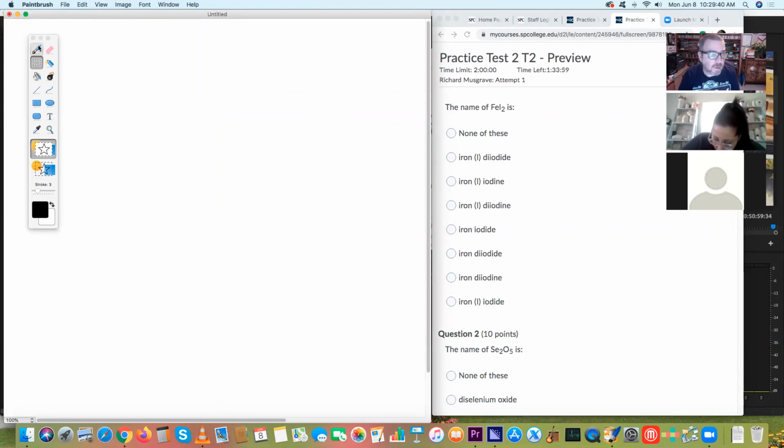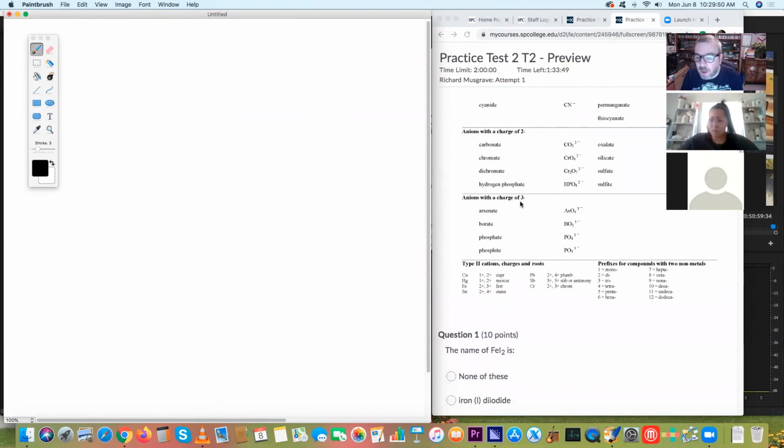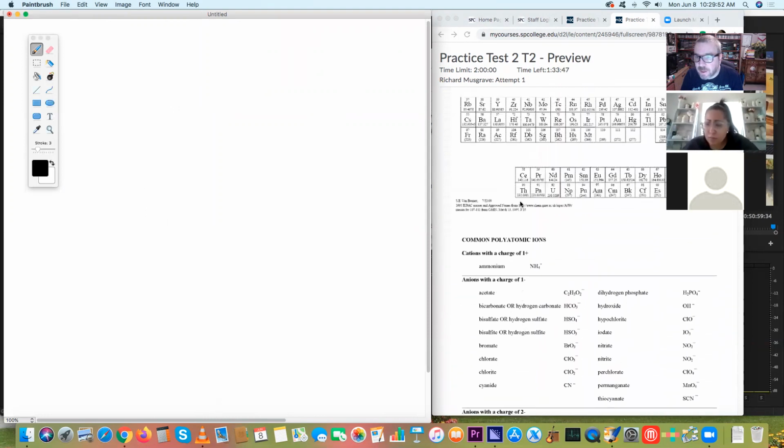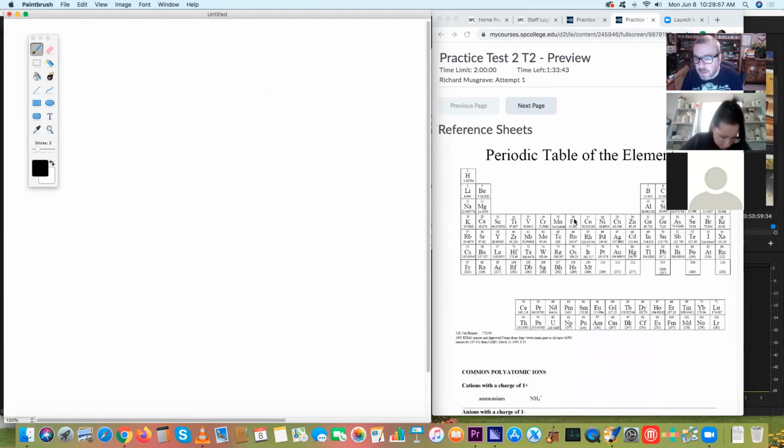Okay. So if you've got FeI2, the first thing you should probably do is look for where iron is on the periodic table, right? That's what I would do first. Iron. And what you're going to have to determine is if it's in group 1, group 2, or aluminum. So I'll write this down.